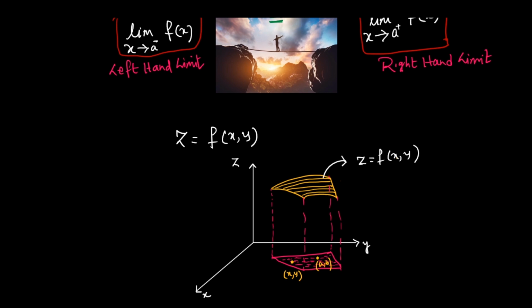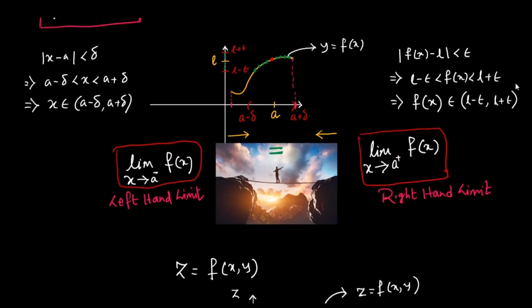In the previous case, if I place the variable point at this position, the variable point x can lie on this side, or on this side. So in one of the two sides it will lie. Consequently, the variable point x can approach a from two directions or two paths only.